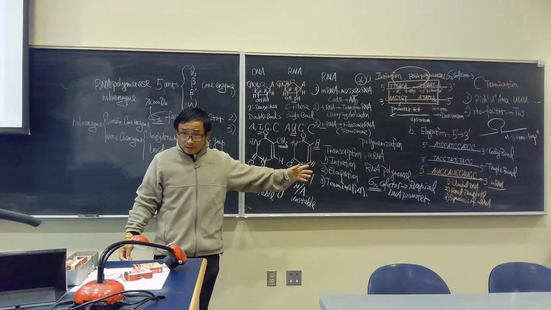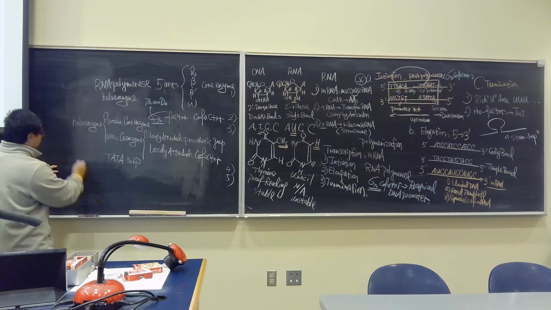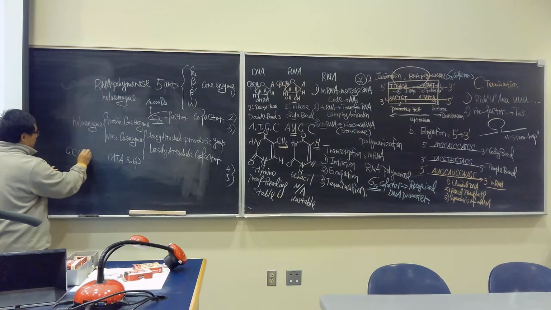Okay, I don't study for that, but I still remember the initiator is called the TATA box. Is that right? This is about 30 base pairs upstream. Then you have GC, CAAT, that is about 50 to 100 base pairs.